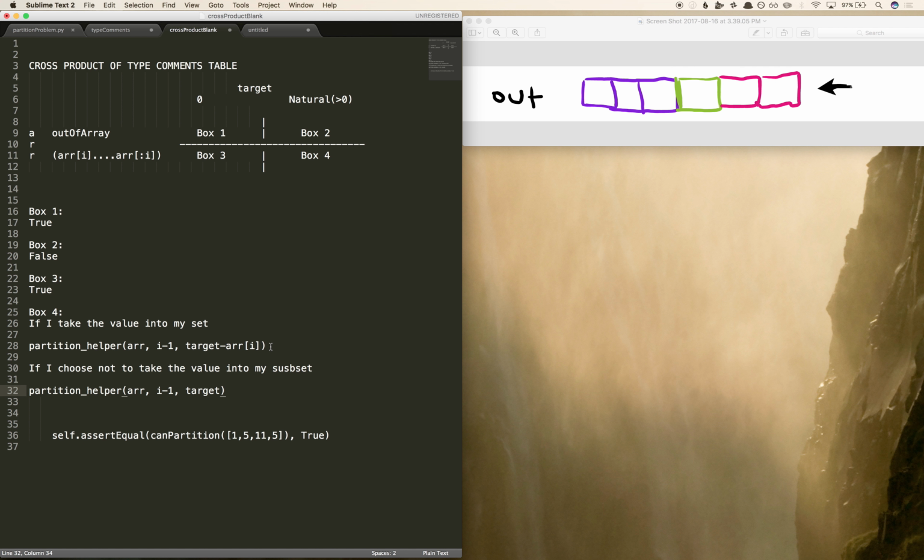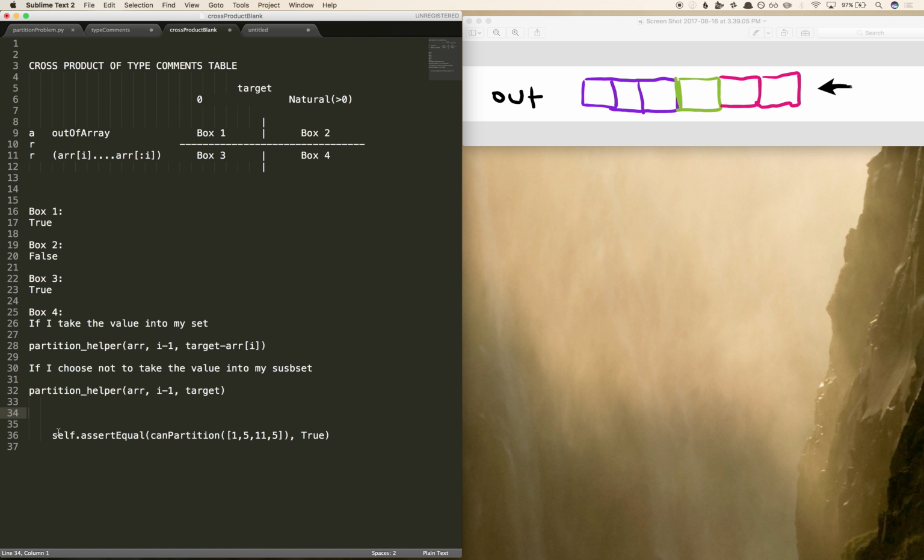If either one of these is true, that means I can definitely partition the set I'm looking at right now into two separate things.